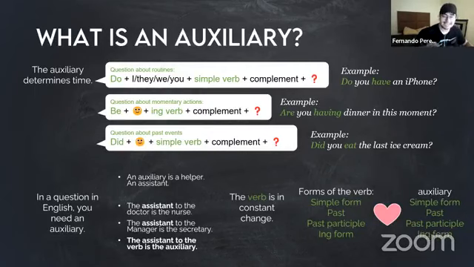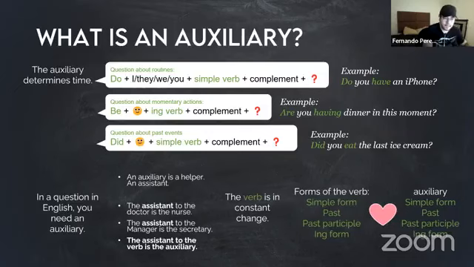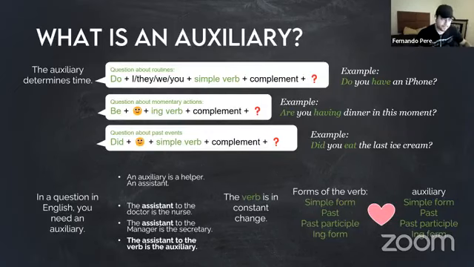Be careful, this is not the time. This is the form of the verb. The auxiliaries that we have seen are the verb be, which is, are, am, was, were, and have been. Do and does, and did.